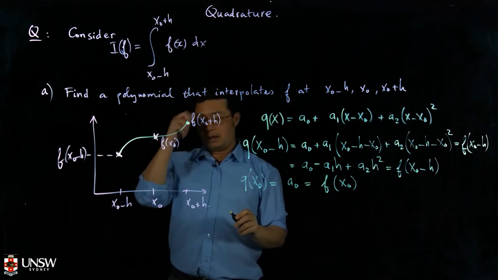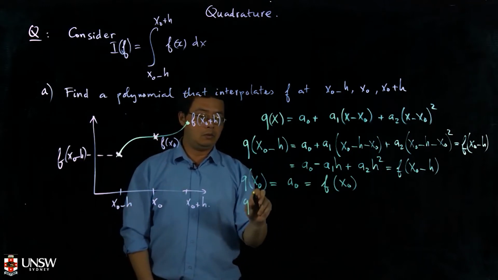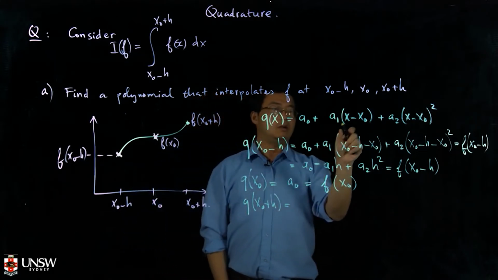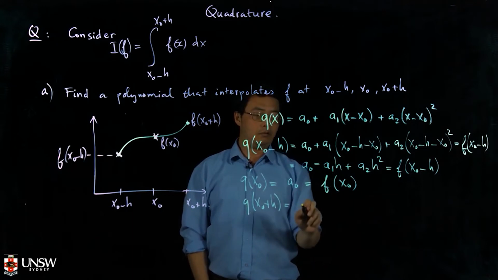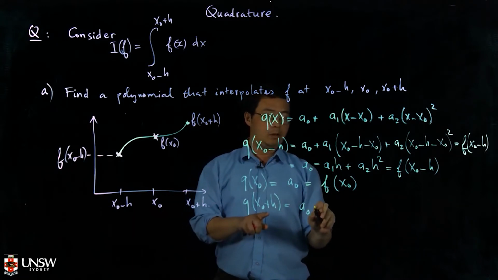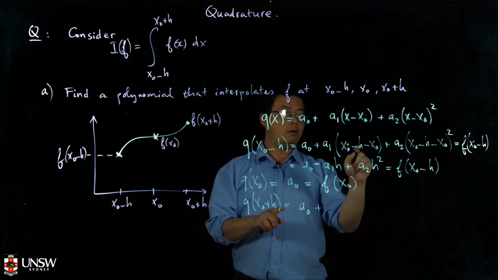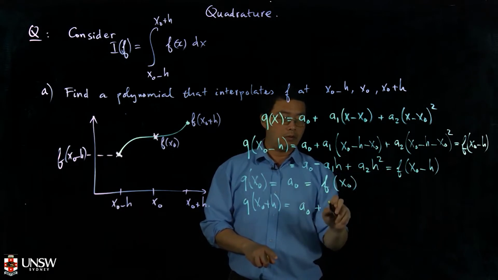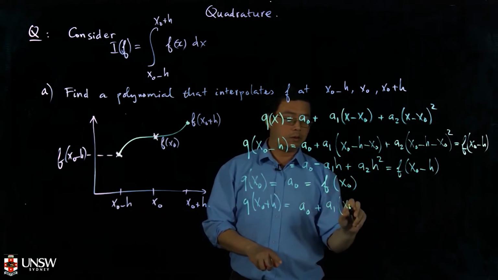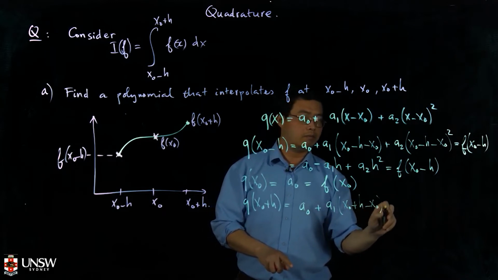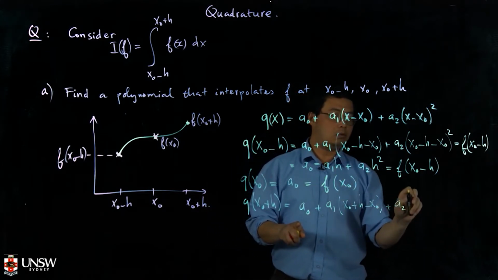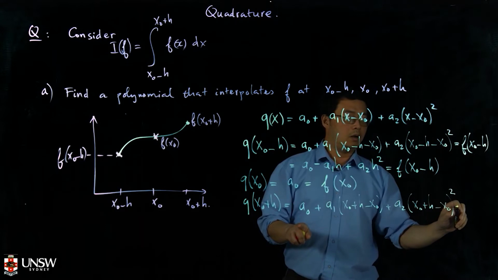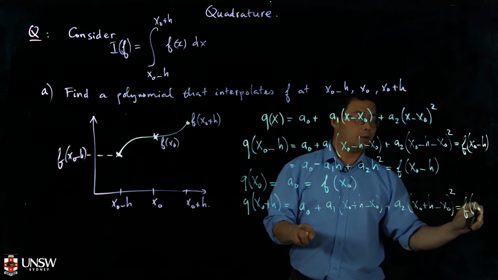And the last point is q at x0 plus h. You put in x0 here again, then you have a0 plus a1 (x0 plus h minus x0) plus a2 (x0 plus h minus x0) squared, and this should equal f at x0 plus h.